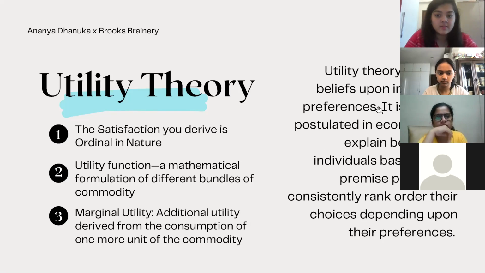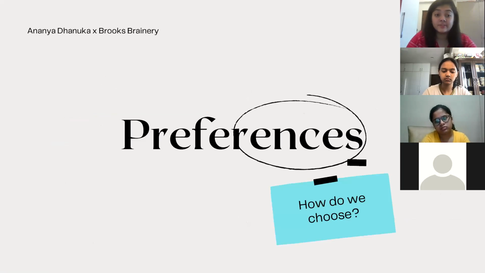We talk about individual preferences, and about the fact that this is a theory meant to define individual behavior. And then it depends on the premise that this ranking is ordinal, right? You decide your preferences in an ordinal nature. Preferences, again, are one of the most important components.